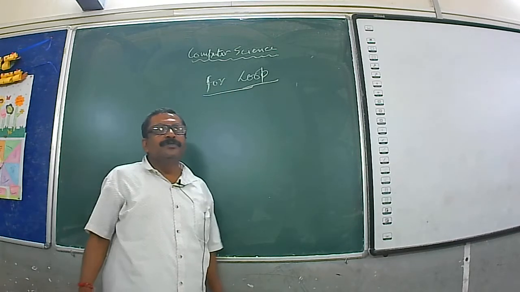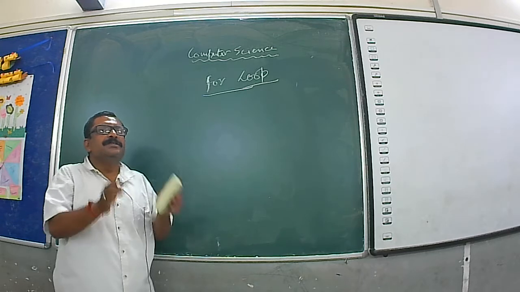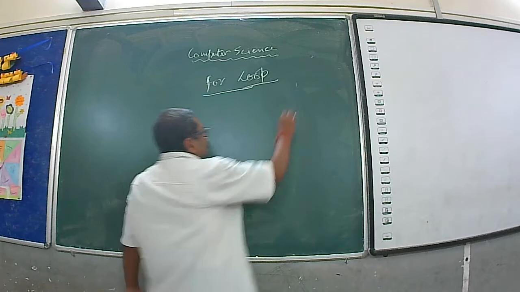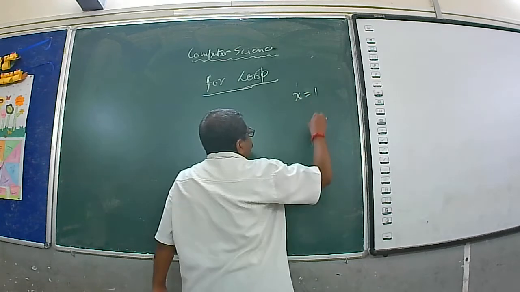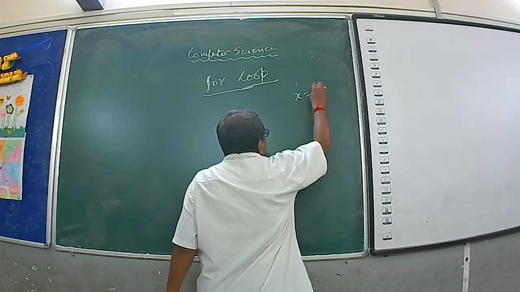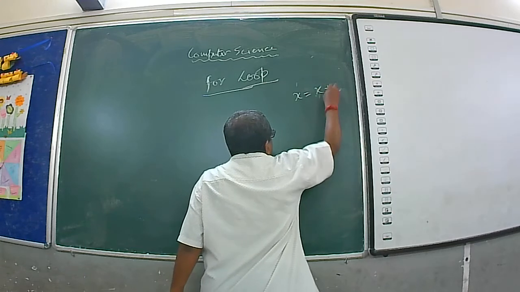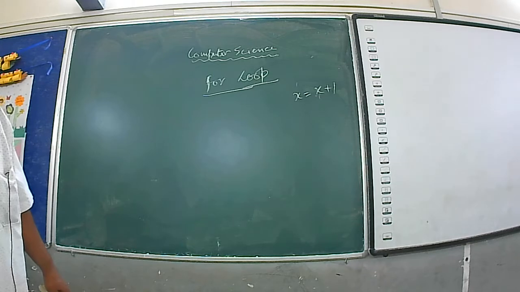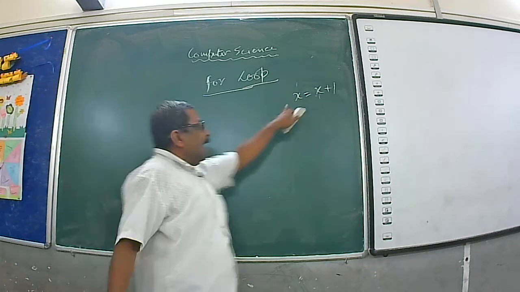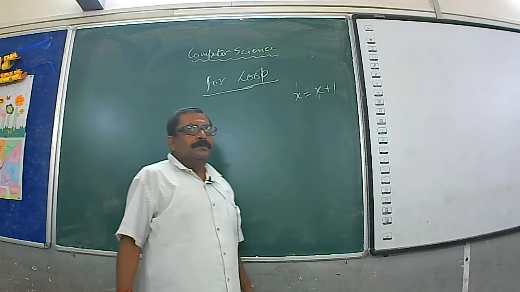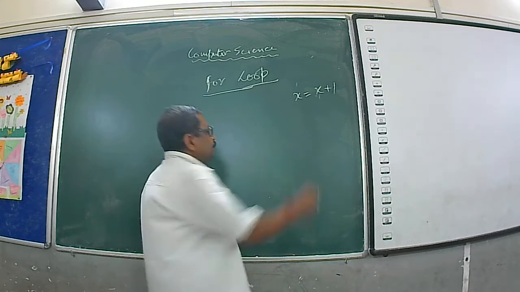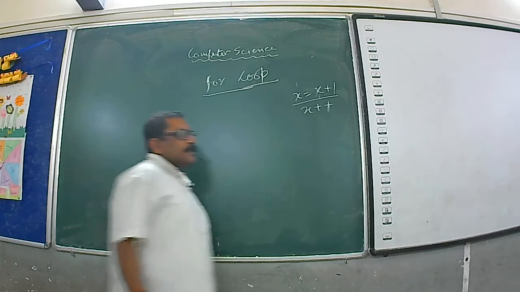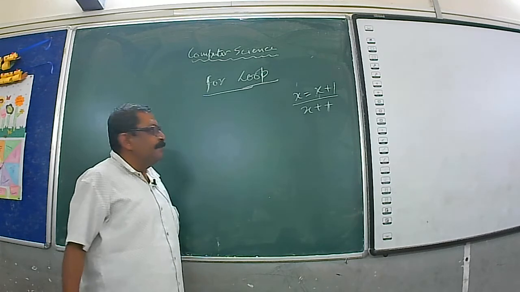Before starting for loop, certain concepts are required, certain things we have to know. First thing is required, x is equal to x plus 1, we can write x plus plus, both are same reflections.